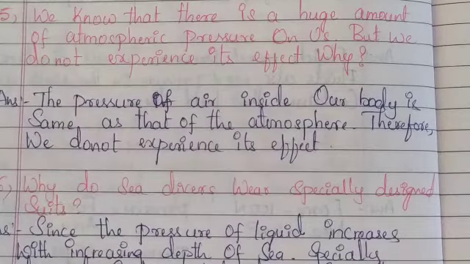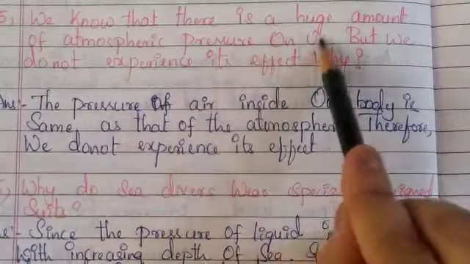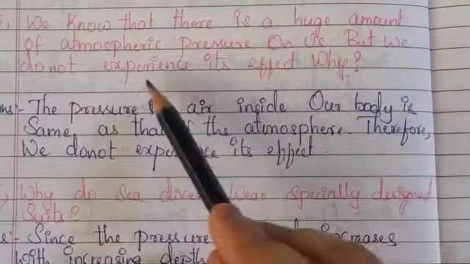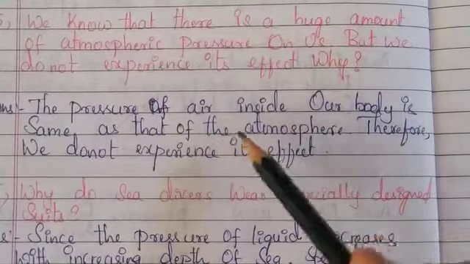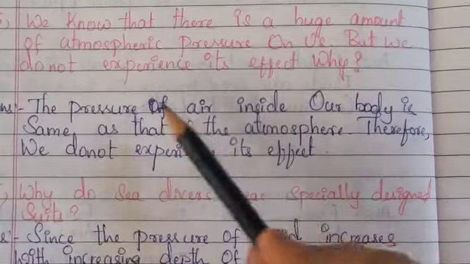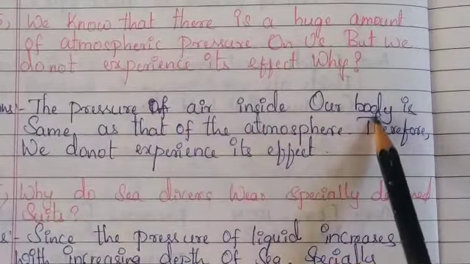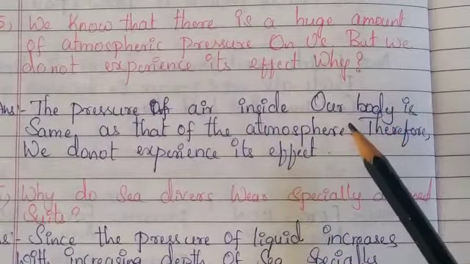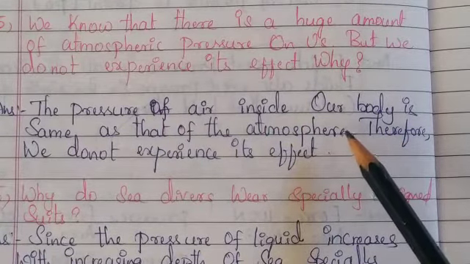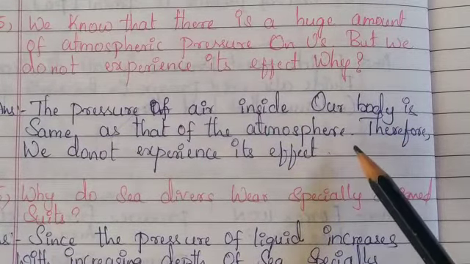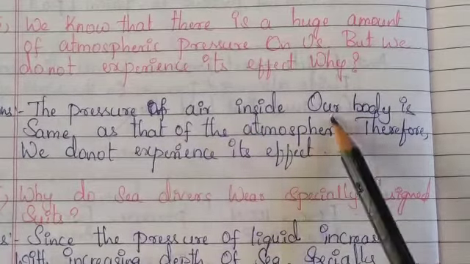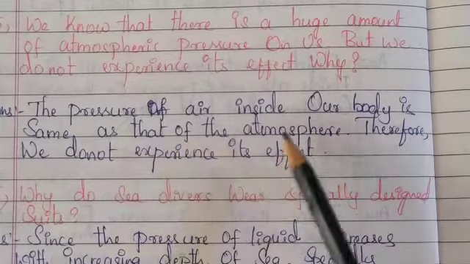Next question is, we know that there is a huge amount of atmospheric pressure on us, but we do not experience its effect. Why do we not experience its pressure? The air inside our body also has some pressure, and the atmosphere present outside us also has pressure. So the pressure in our body is the same as that of the atmosphere.